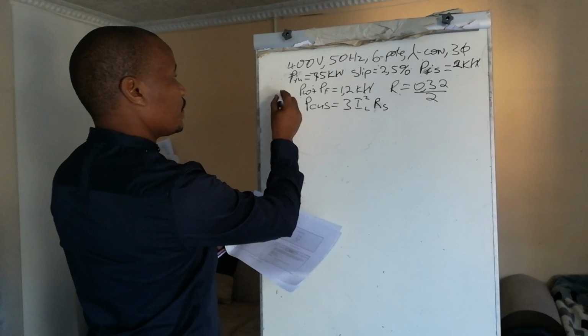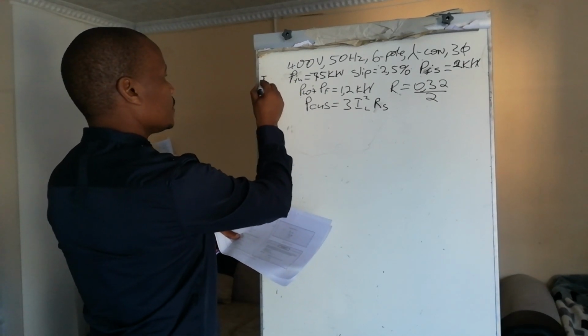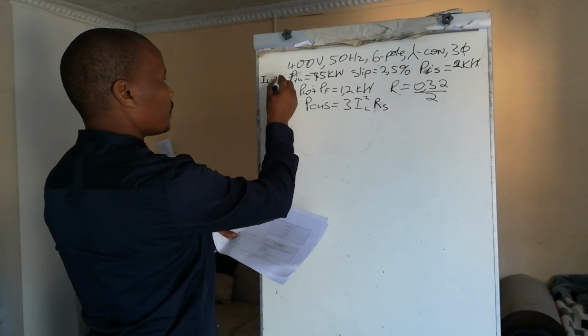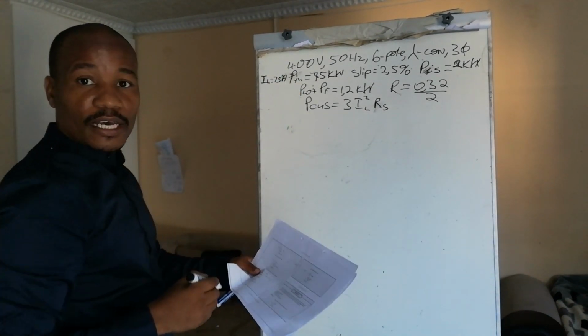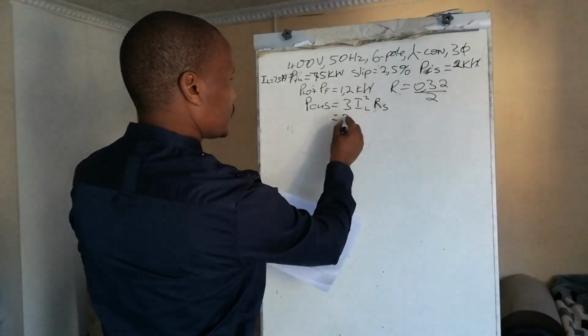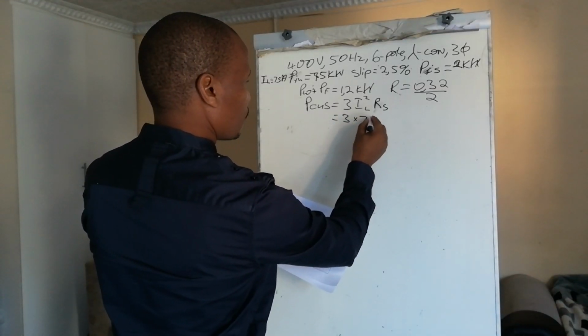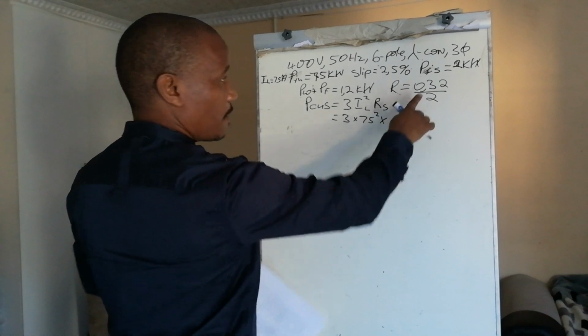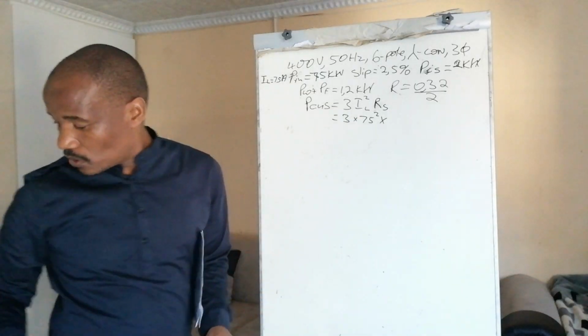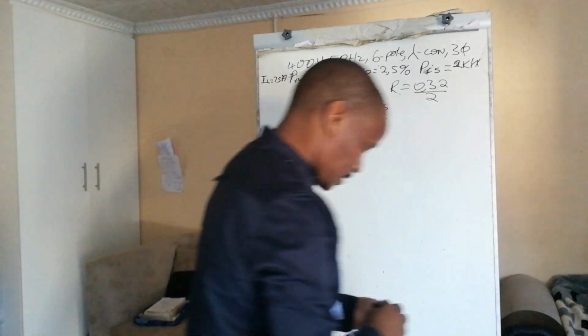We are also given the input line current of 75 amps. Therefore it is 3 multiplied by 75 squared multiplied by 0.32 divided by 2 to get the resistance.